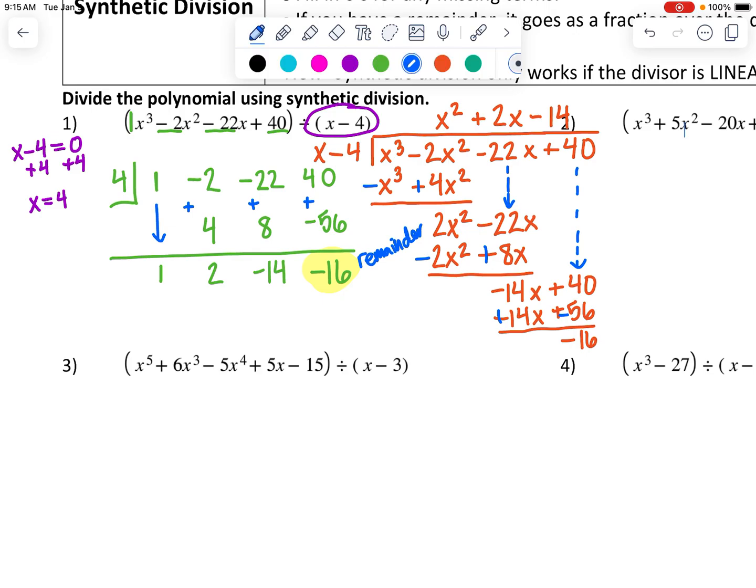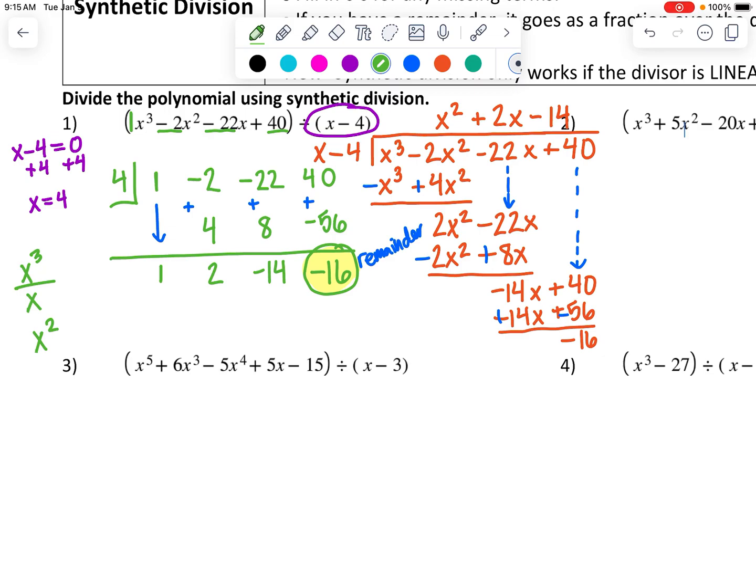So now we have to figure out how to write our actual final answer here. So if I know that this negative 16 is my remainder, we're not going to deal with that until the end. But the way I kind of remember how to start with putting the x terms back in with these coefficients is we started with x to the third power and we divided by an x term. So we should have an x squared term.